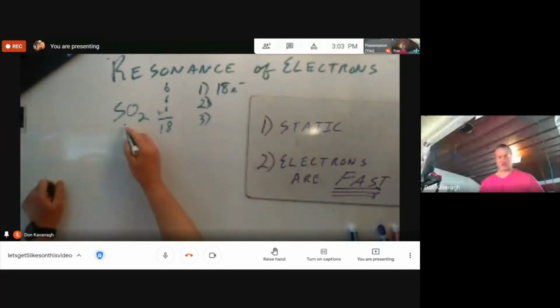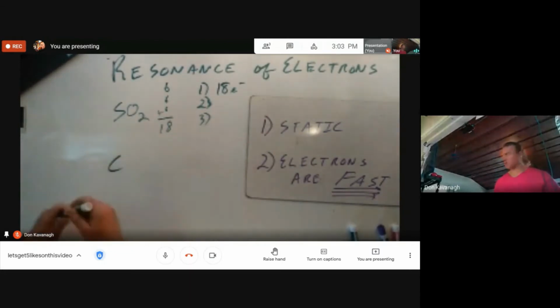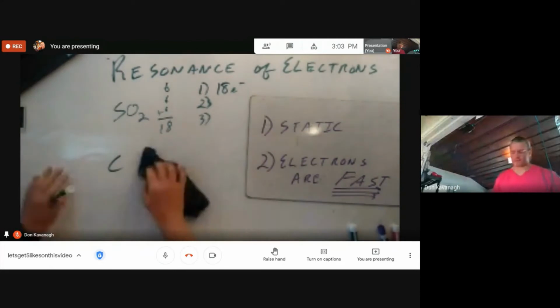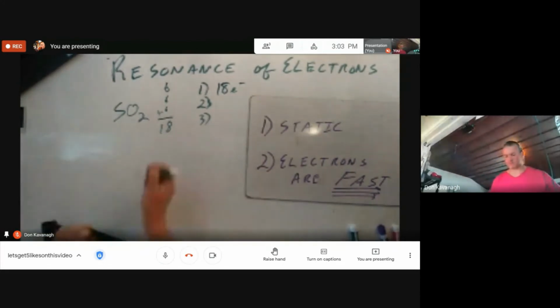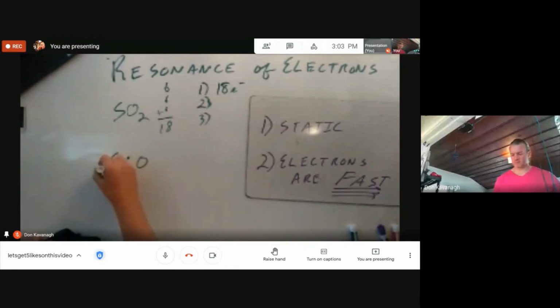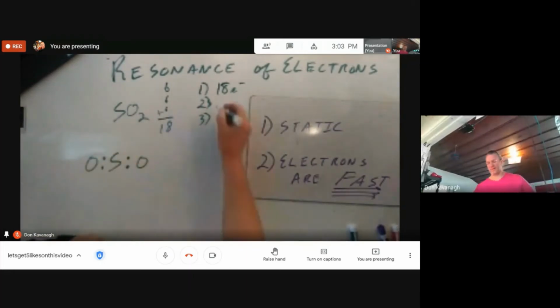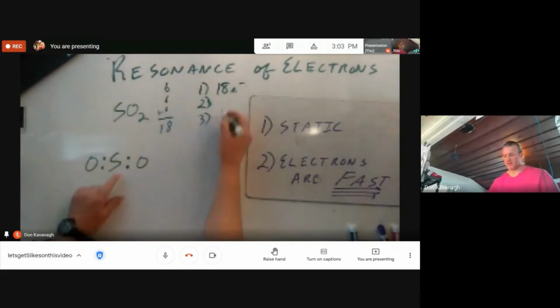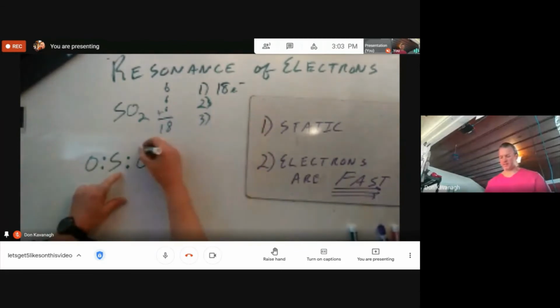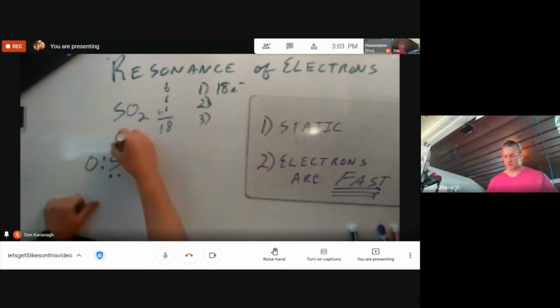Let's start with our simplest prediction of making one bond in between these atoms. Everybody has one bond. Now we're going to check octets and fill them in. This oxygen is happy. This sulfur is happy.